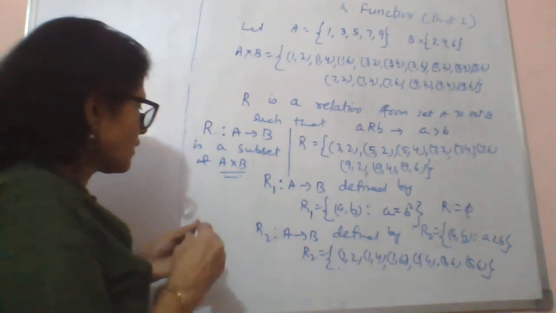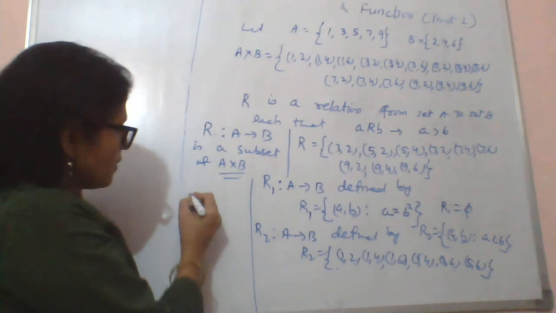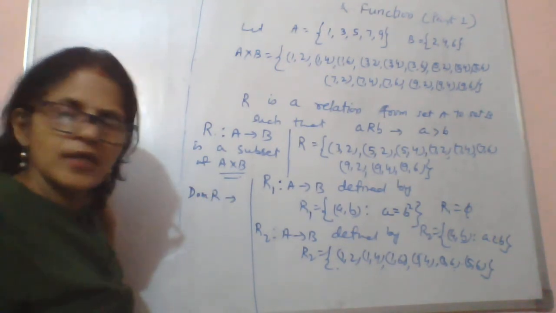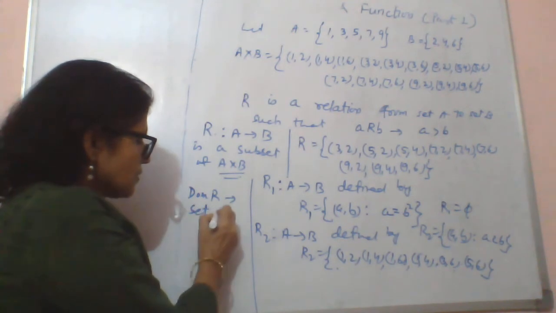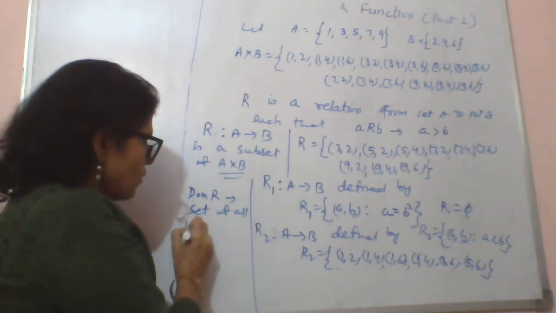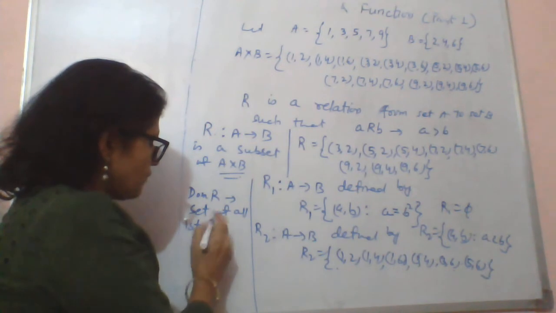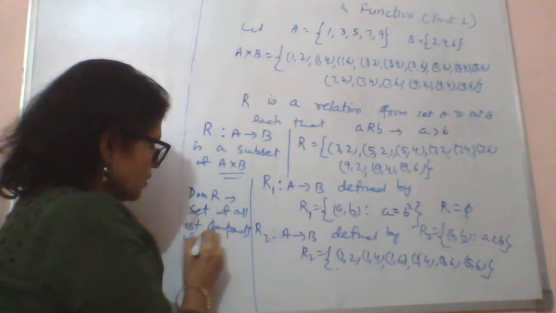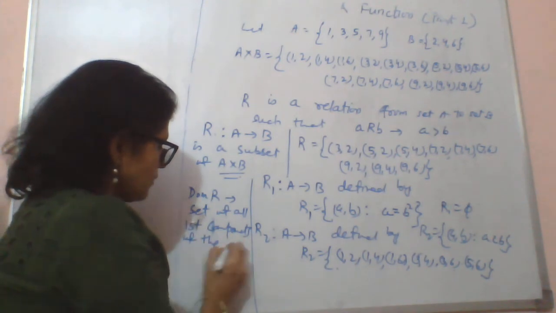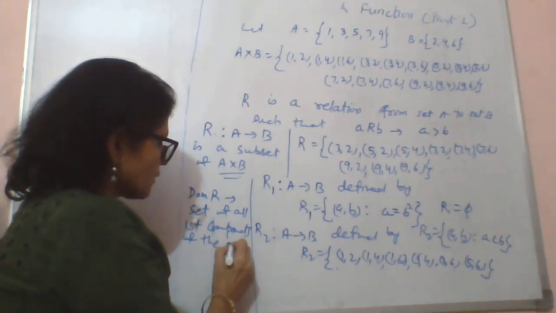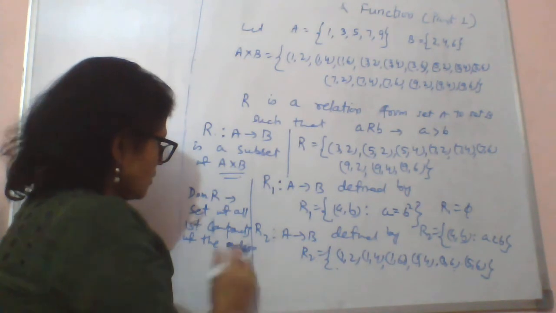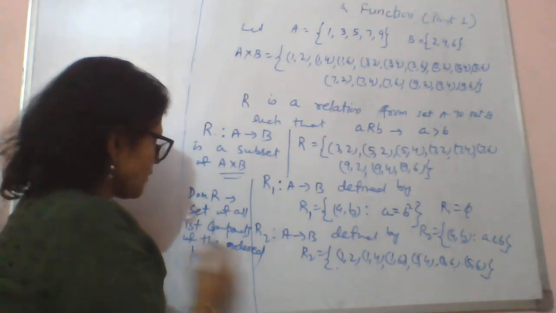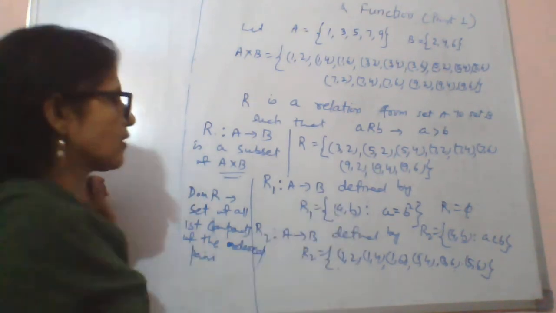Domain of relation R means the set of all first components of the ordered pairs, whichever we are getting.